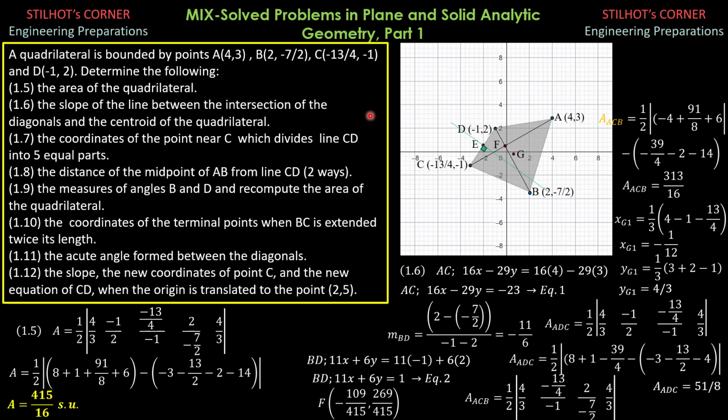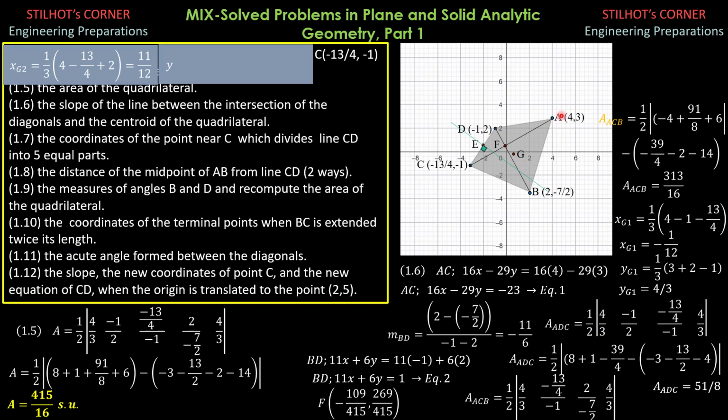So xg2, let's put the solution here. 1/3 of quantity 4 plus negative 13 over 4 plus 2. So that's 11 over 12. Then yg2, which is expected negative most probably. So 1/3 of quantity 3 plus negative 1 plus negative 7/2. And that is negative 1/2.